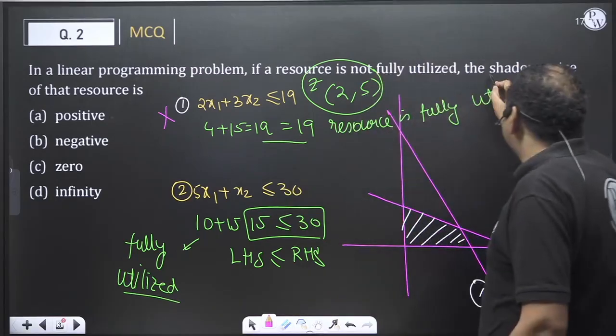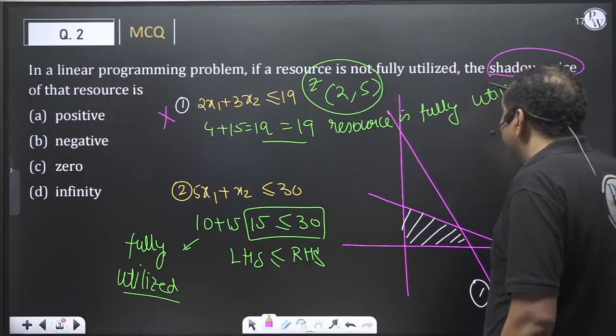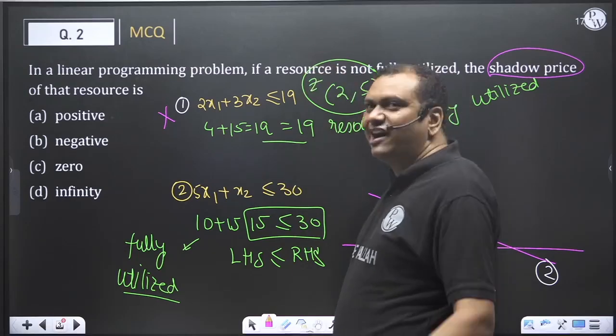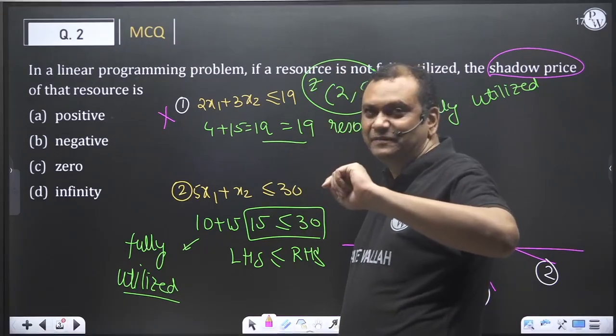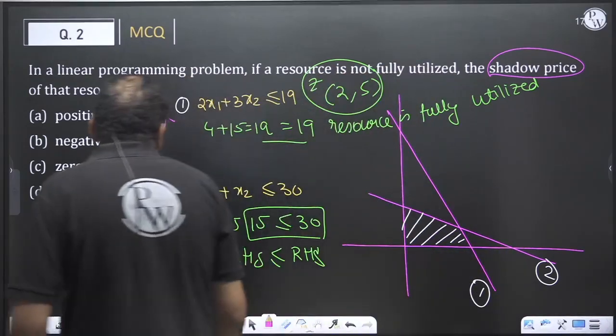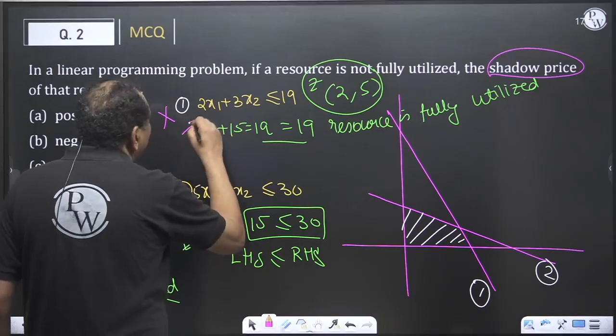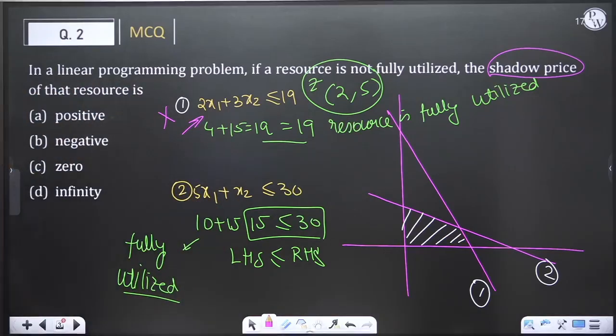So you know what is the shadow price? To increase the output per unit, how much money needs to be spent on this facility. Maximum price which should be paid to obtain an additional unit of resources.